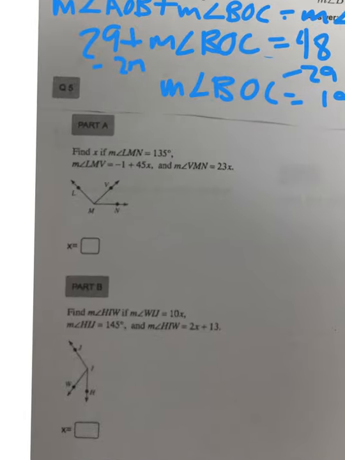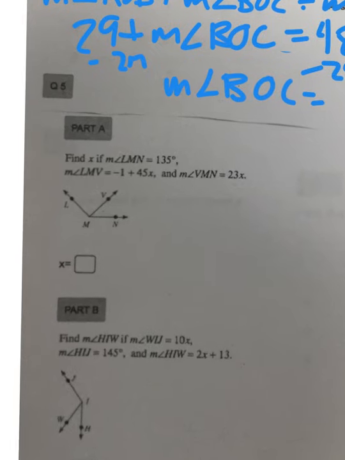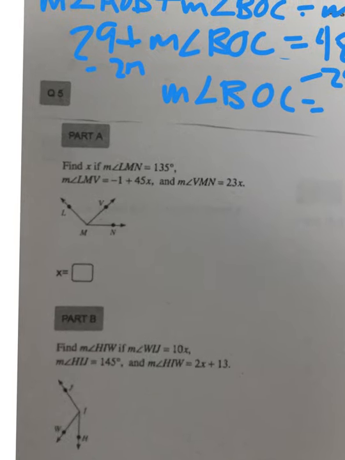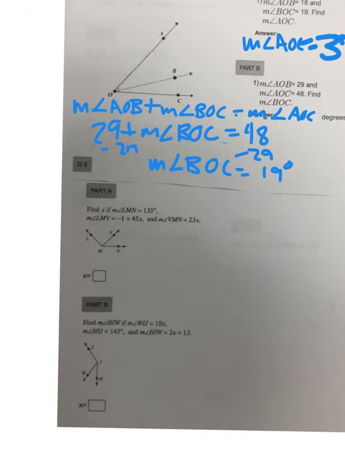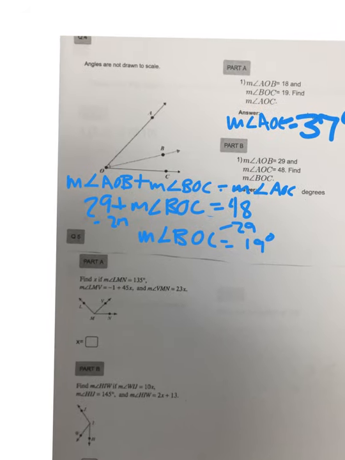Okay, moving on to the next problem. It wants us to find, why can't you just do 48 minus 29? Well, that's pretty much what I did. Without writing all that other stuff? Well, because the important part, the main part of the unit is that you understand the postulate. So I want to see you write it out.